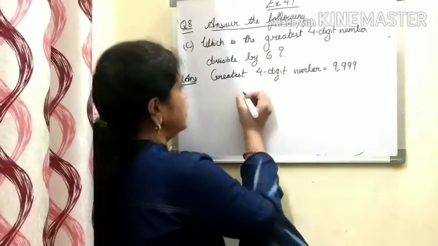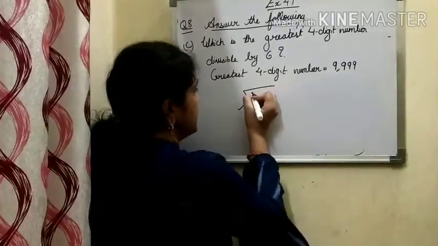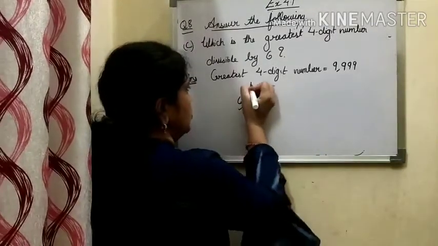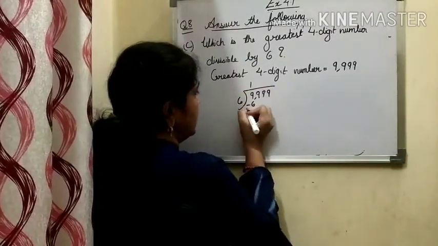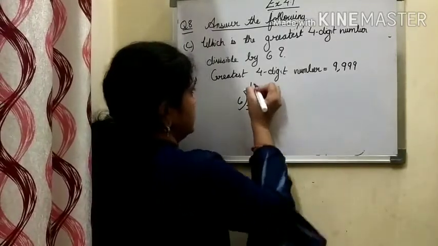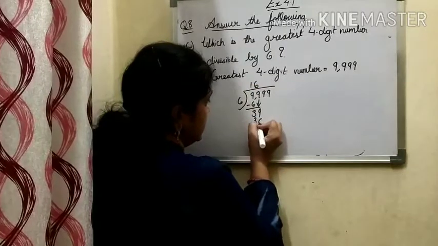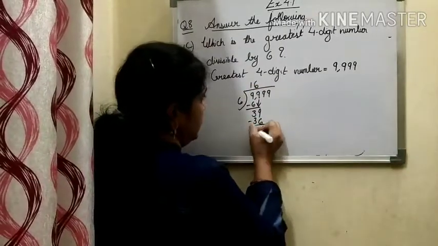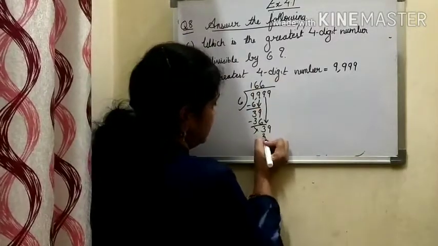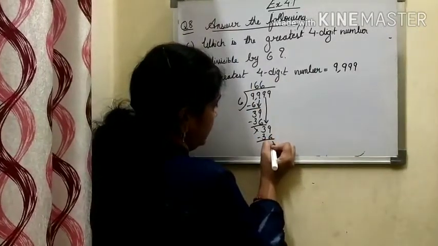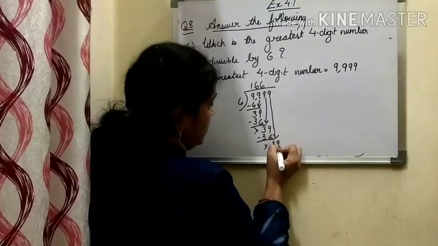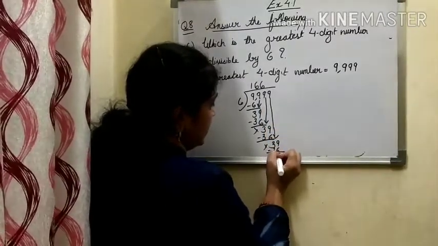Now in order to solve this one, what we are going to do is first divide 9999 by 6. 6 ones are 6, 9 minus 6, 3 you get, then bring down this 9, 6 6s are 36, then again you bring down this 9, 6 6s are 36, again you bring down this 9 and it becomes 36, and the remainder left is 3.